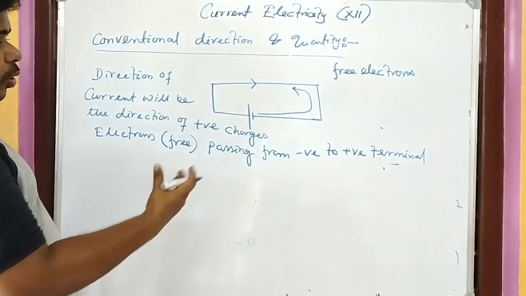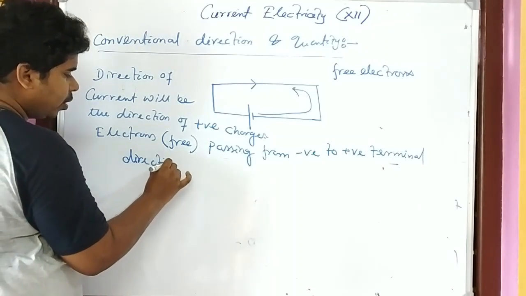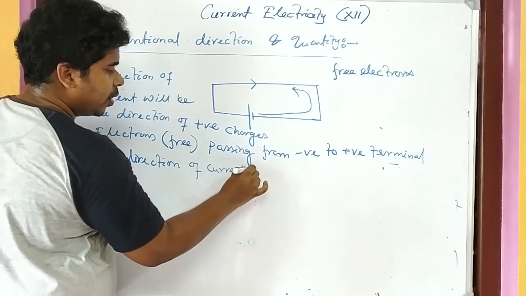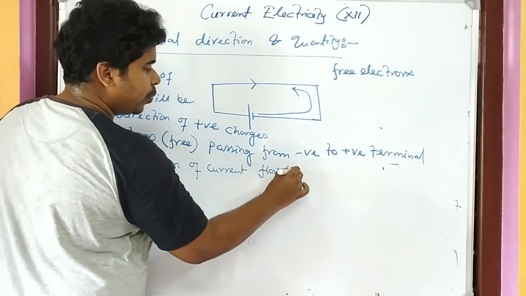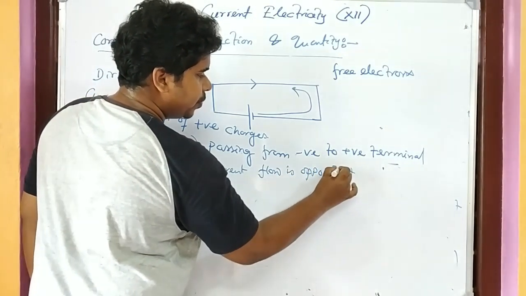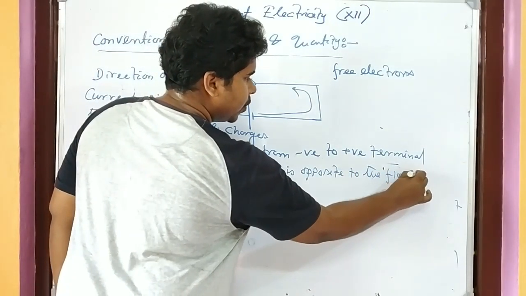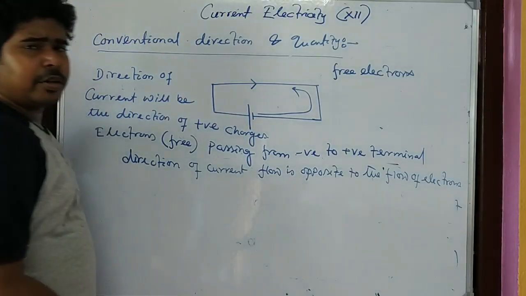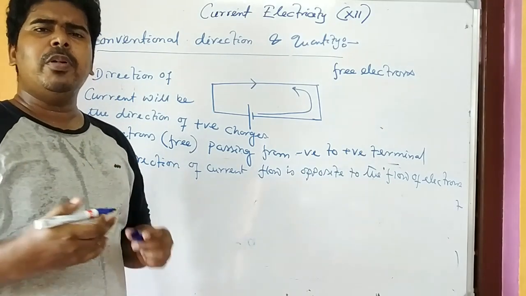So we can conclude here that the direction of current is opposite to the flow of electrons.